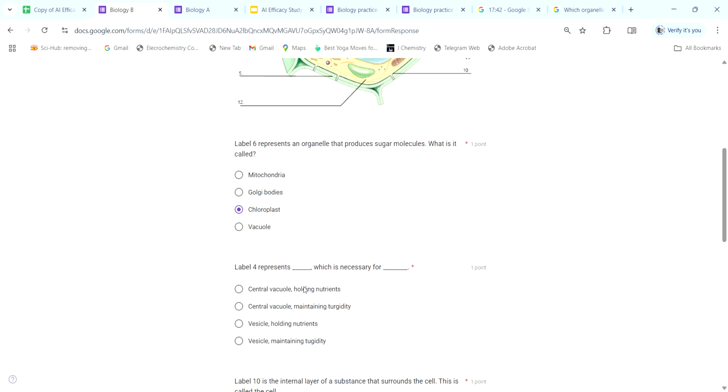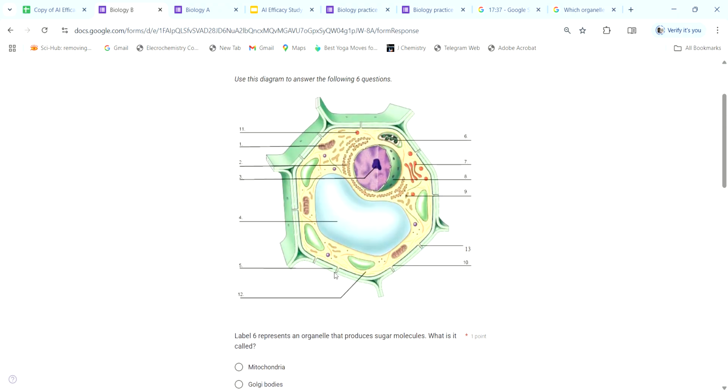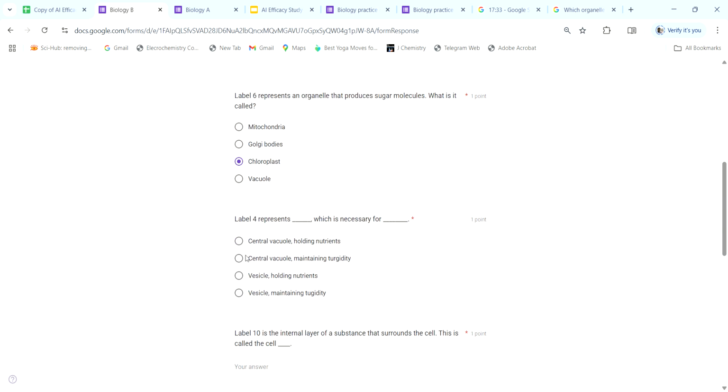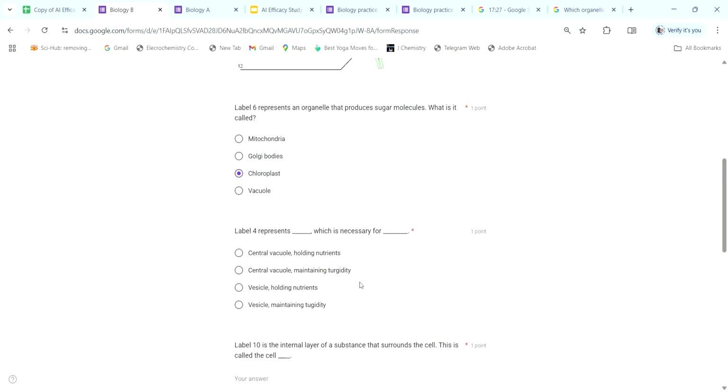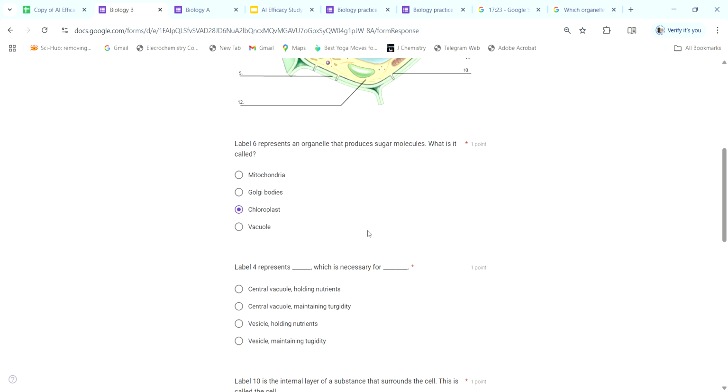Label 4 means this long part. So what is this? Central vacuole or vesicle? Central vacuole for holding nutrients or maintaining turgidity. Actually, the role of vacuole is to maintain turgidity. So I will go for central vacuole.